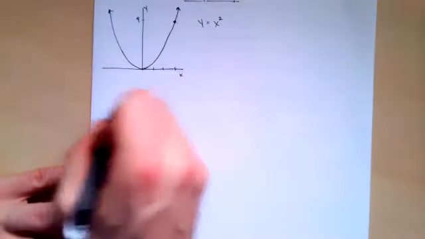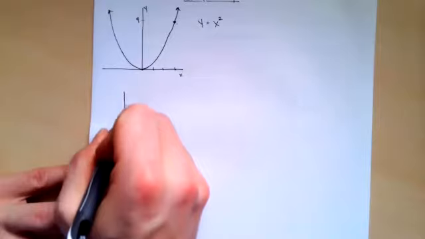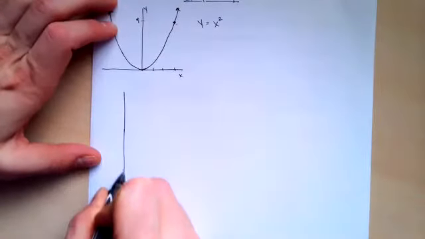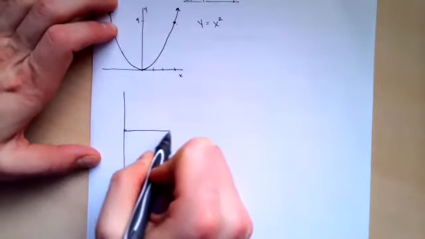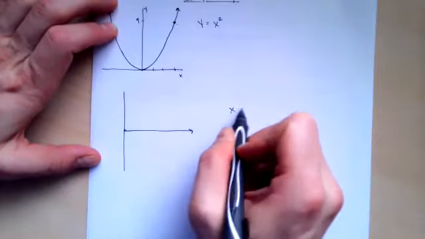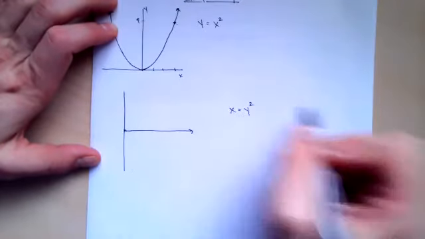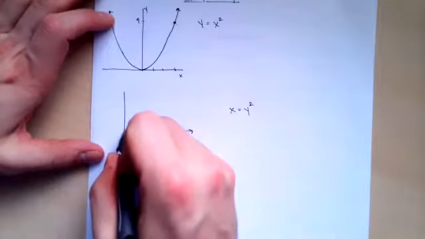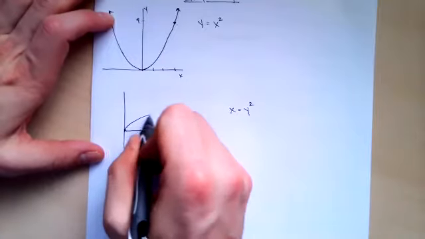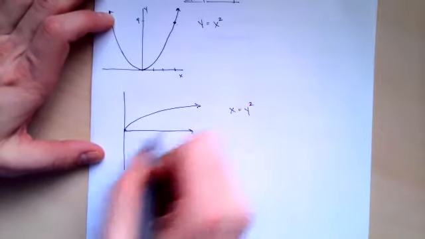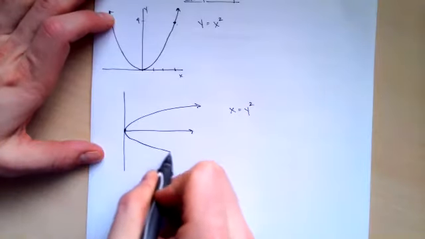What's going wrong with things that aren't a function? So if we look at x equals y squared, this is going to look like a parabola, but turned sideways.